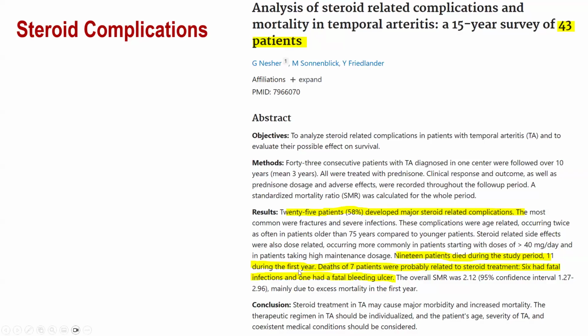And at least 1 had a fatal bleeding ulcer. So it's important to keep in mind in these patients that both the treatment and the lack of treatment can have potential severe complications. There really has to be a very clear risk and benefit discussion with patients.